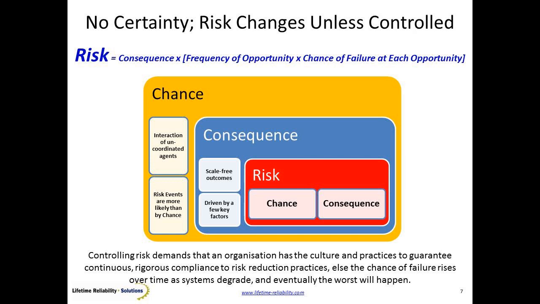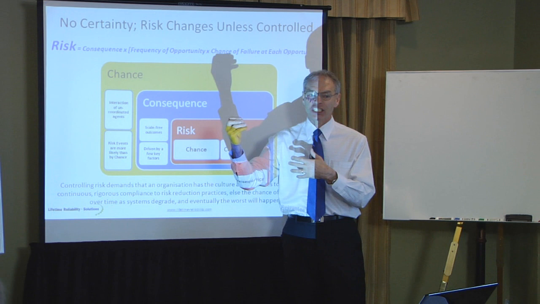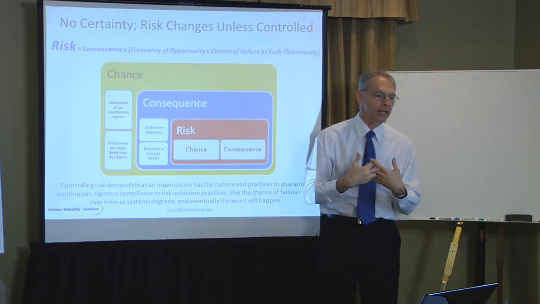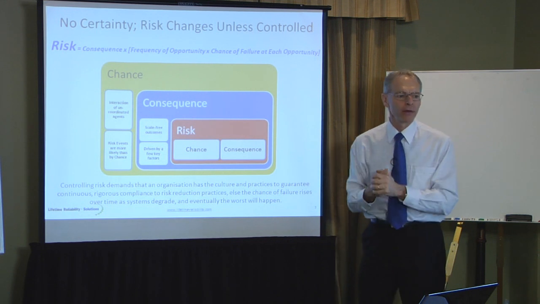The other component is chance. The fact that opportunity is there is one thing. The fact that I have 150,000 wear particles in my drop of oil is an opportunity for them to go wrong. The chance the particle will get between the teeth of the gears, now that's something totally different. So I could have wear particles, but they may not actually get between the gear teeth or between the bearings. So though there's contamination in the oil, it doesn't mean it will naturally lead to a bearing failure.